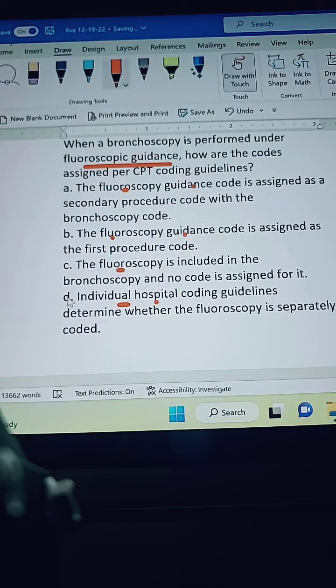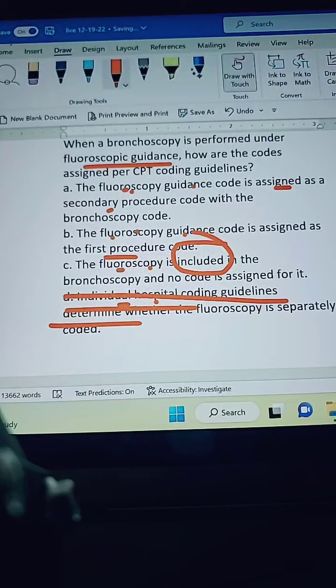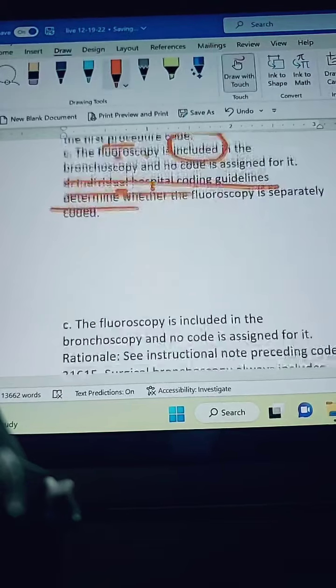I'd probably get rid of that individual hospital, whatever that is. The fluoroscope code is assigned as a secondary. Code is assigned as primary. Fluoroscope is included. Oh, look, I did see it. I think it is included. Don't you think that it's included? I think guidance is included. Yeah. Yep.